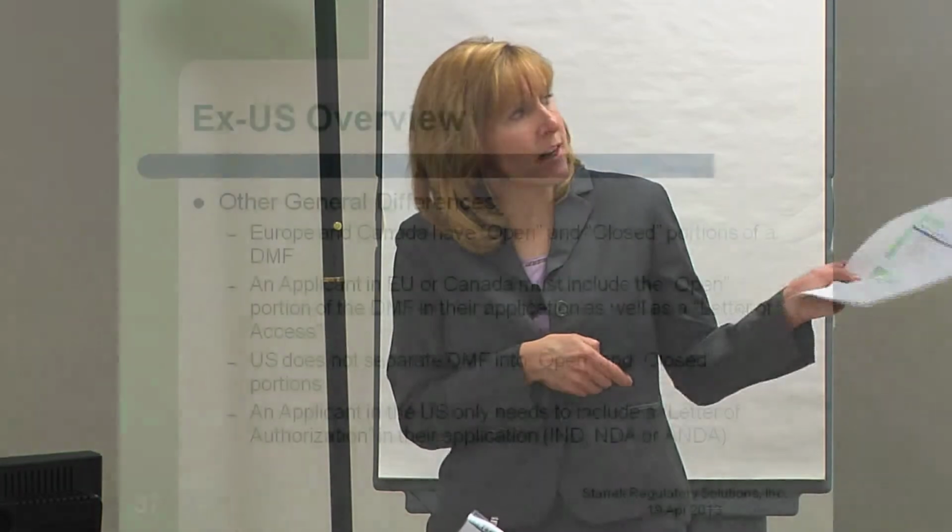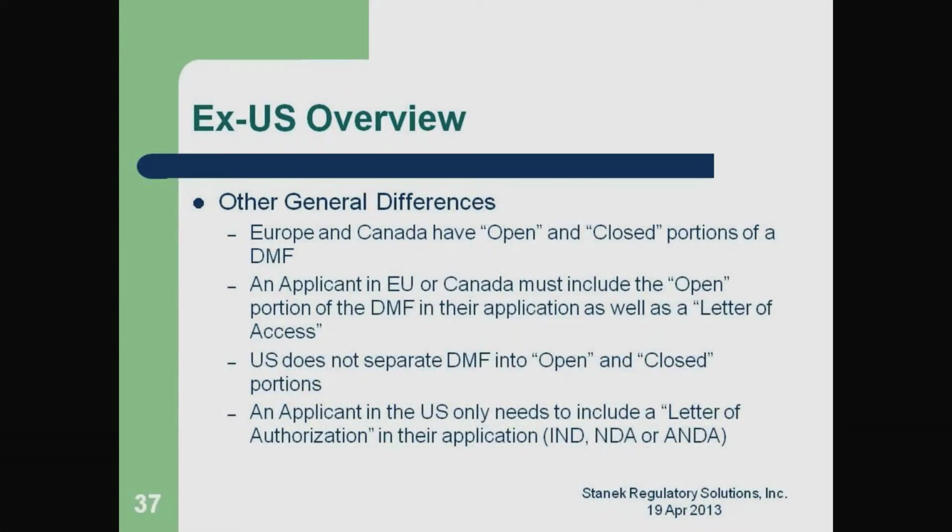Other differences, and I mentioned this before, there's no open and closed part in the US, but in Europe and Canada there are, and that's because the applicant in Europe and Canada has to include the open part in their filing. So the reviewer has it right there. And in Europe and Canada you also need that letter of access, because then they need to go and look at the closed part, the intellectual property.